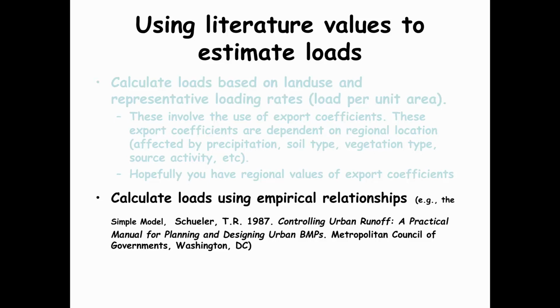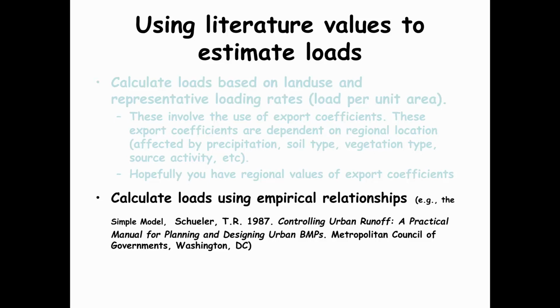There's also a method that uses empirical relationships to calculate the loads, and that's based on this method called the simple model. And it is exactly that. It's a model that calculates loads based on a description of the land use type and some empirical relationship that relates runoff amount to the concentration of pollutant of interest coming from that land use type.